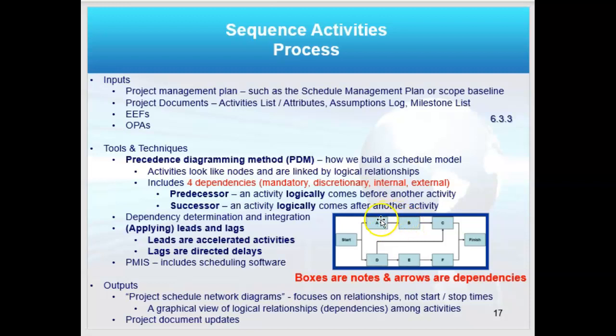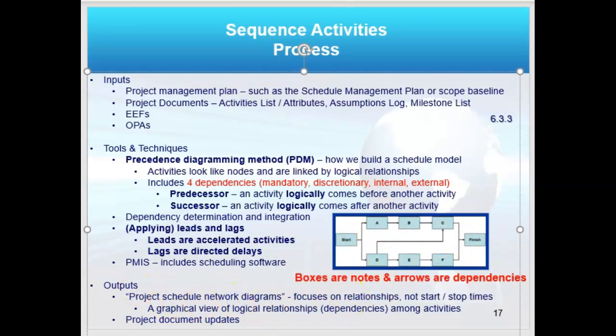So B has a predecessor of A and a successor of C, right? And we can apply leads and lags. If I apply a lead, I'm actually going to accelerate an activity based on its normal start time. And a lag means I'm going to direct that activity be delayed for various reasons, right? So my output of sequencing them, putting them in order, is this project schedule network diagram.